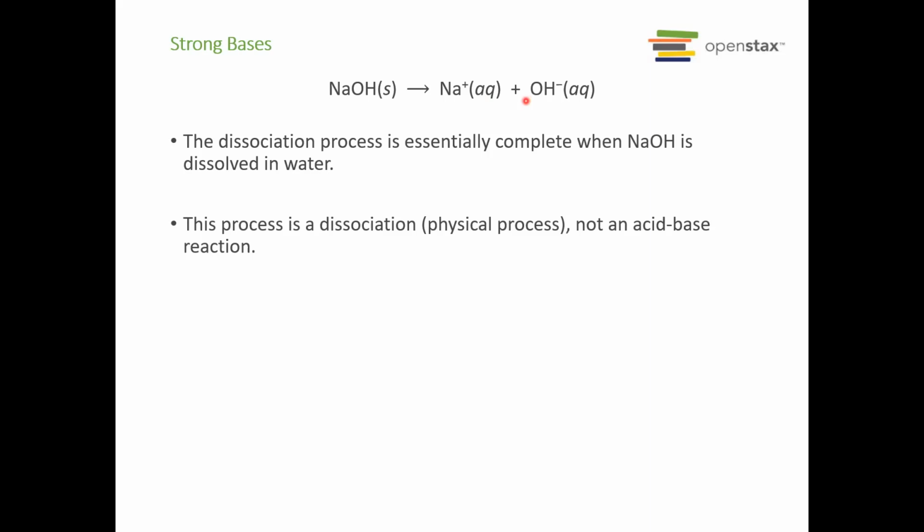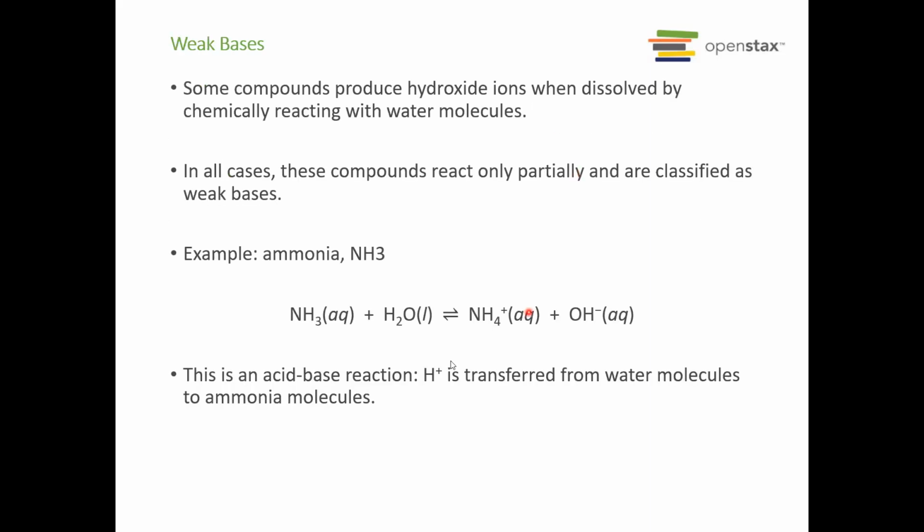So we've only got it pointed in one direction, because we're going to have 100% of this substance dissociate into those individual ions. Whereas with a weak base, something like ammonia, this is an example of a base that doesn't actually have hydroxide in the formula, but the reason that this is going to be considered a base is because when we have it react with water, it's essentially going to take one of those hydrogens from water and then form the ammonium ion, NH4+. So if we take the H from the water, now that's just leaving us with the OH minus.